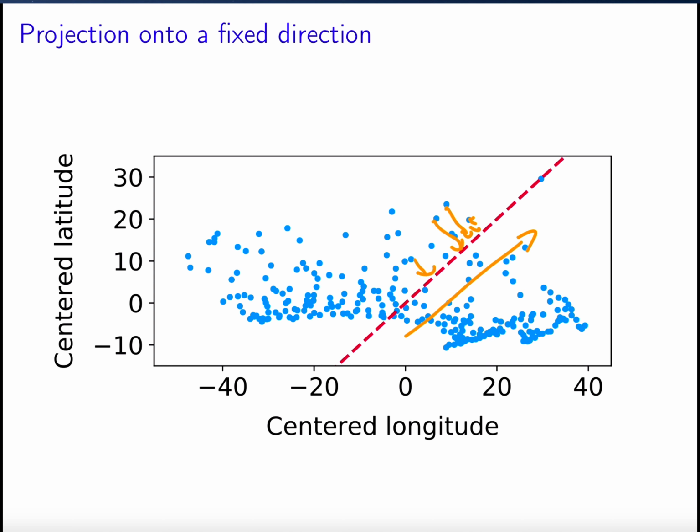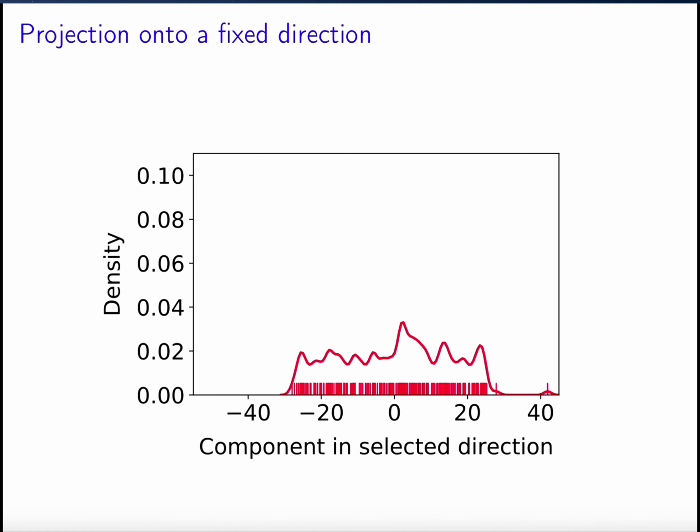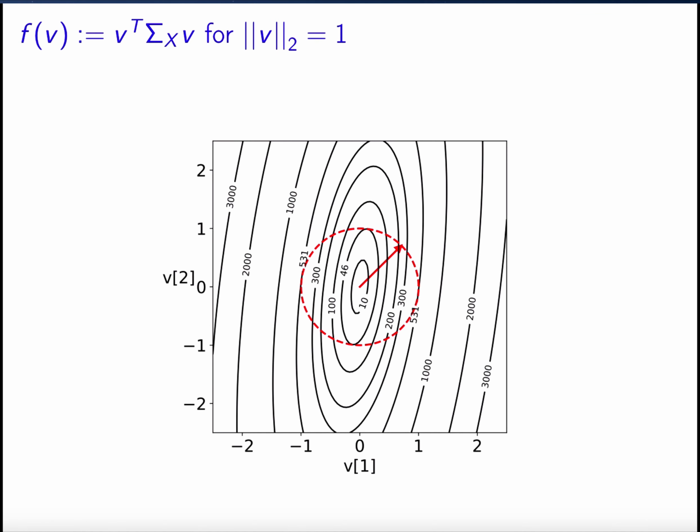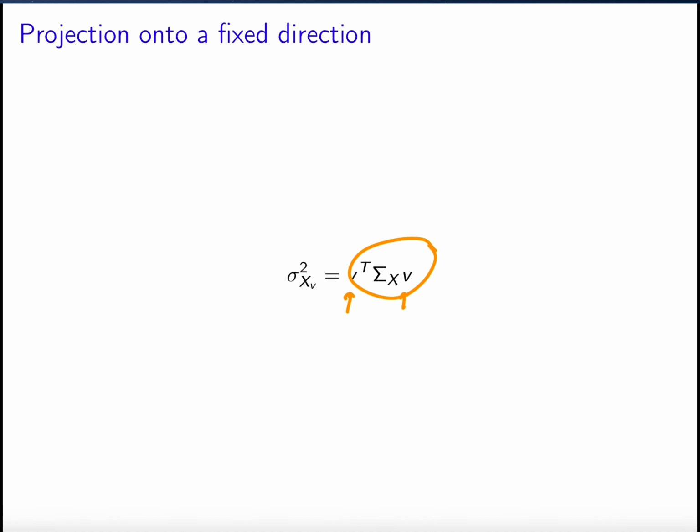We get a 1D data set like this, where we can compute the sample variance, and we saw that that sample variance can also be computed by applying v to the left and to the right of the sample covariance matrix.